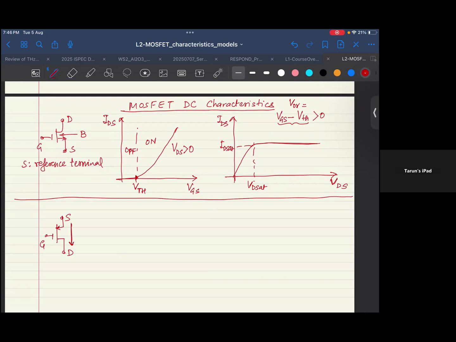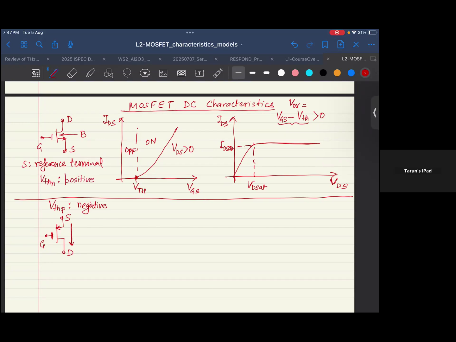So still the source is the reference terminal, and everything is subtracted out of the source. That's how you see VGS as negative, right? Because we saw we need negative charge at the gate to bring in positive charge. And that is why the threshold voltage for the P-type MOSFET is negative, because you need to have negative VGS applied, while for N-type MOSFETs, VTHN was positive, which we can see from the characteristics also, right?